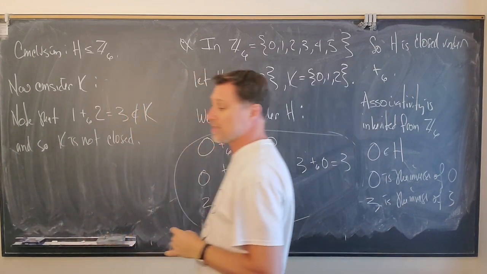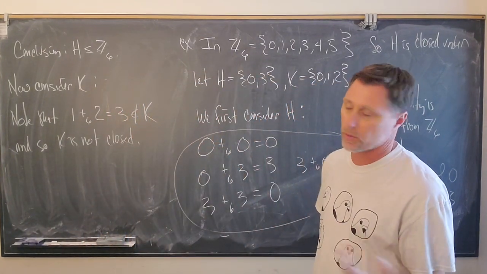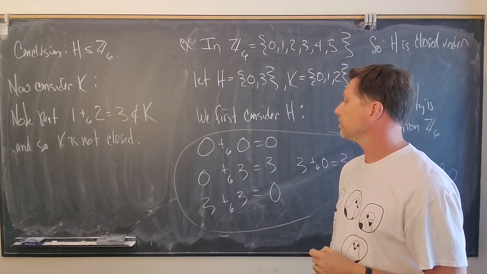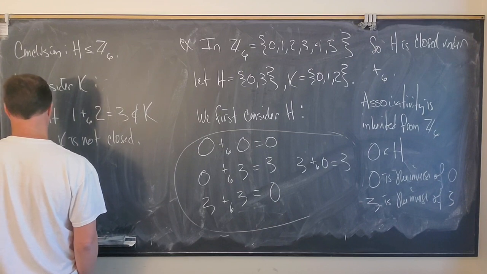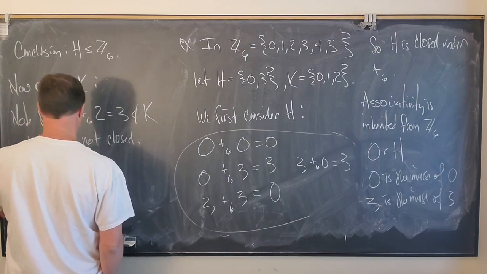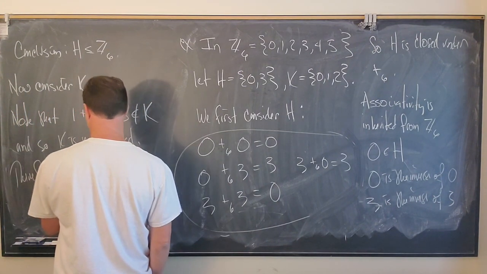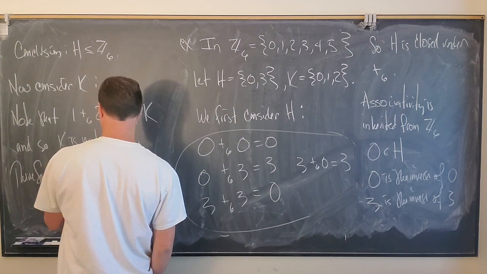So what does that tell us then? It can't be a subgroup because it's not even closed under the operation. So therefore, K is not a subgroup of Z6.